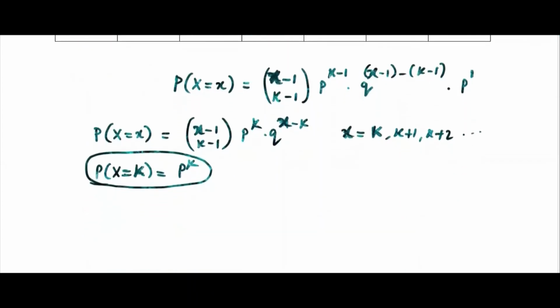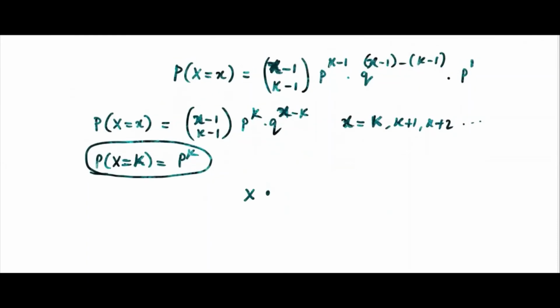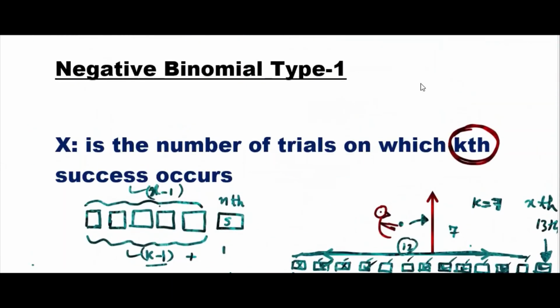These things you need to remember. Here I have already written x, so let me go there. See, this is x. Here x equal to 5 means 5 trials are required to get k successes.